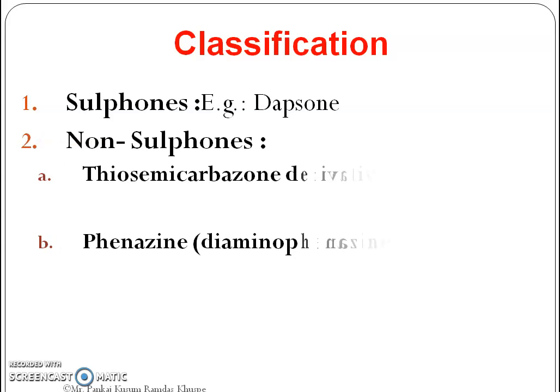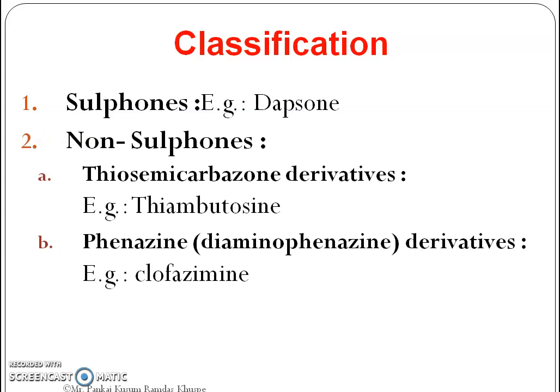Next point, classification. In classification, there are two main classes. First is the sulfone class. The examples of this class are dapsone and solapsone. The second class of anti-leprotic agents is the non-sulfone group, which consists of two subclasses.